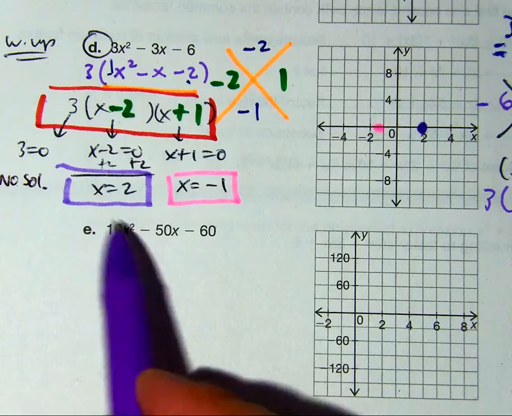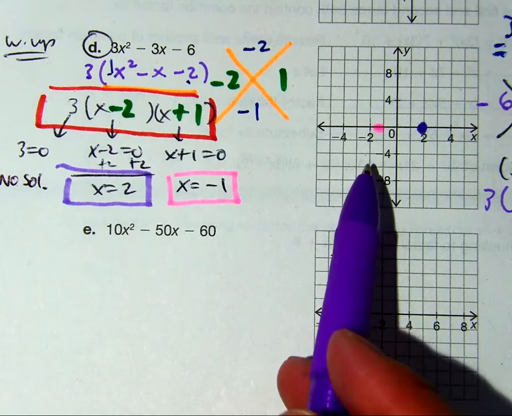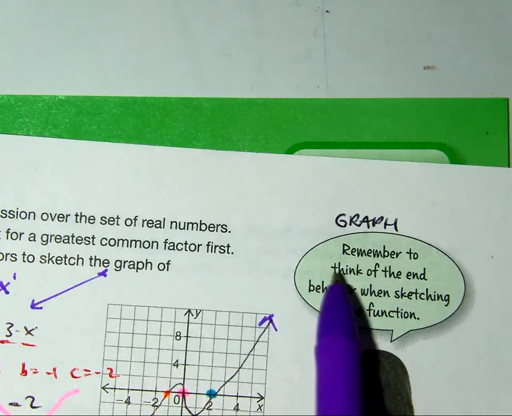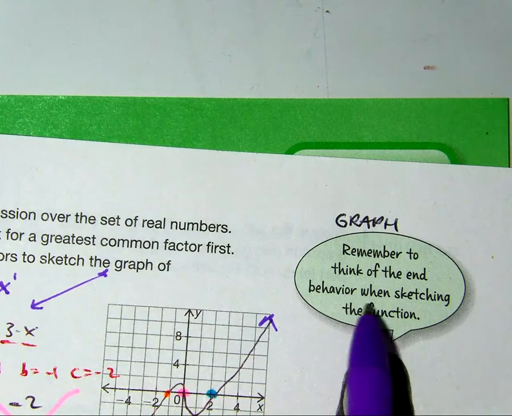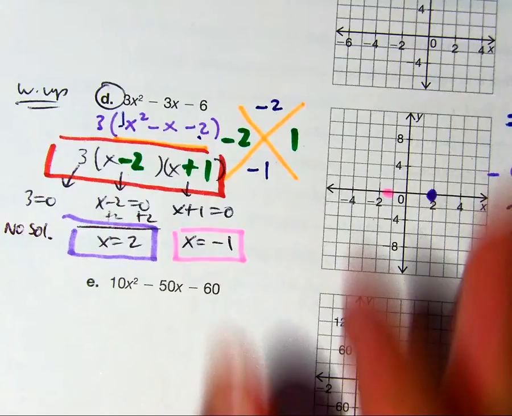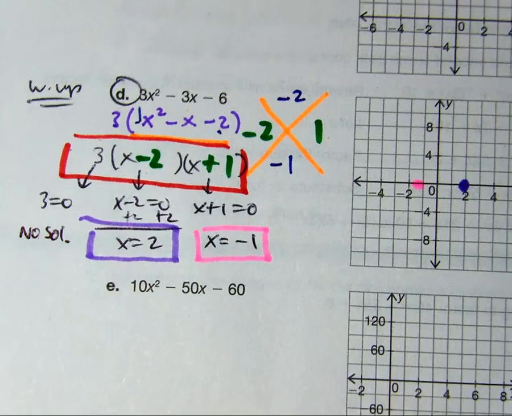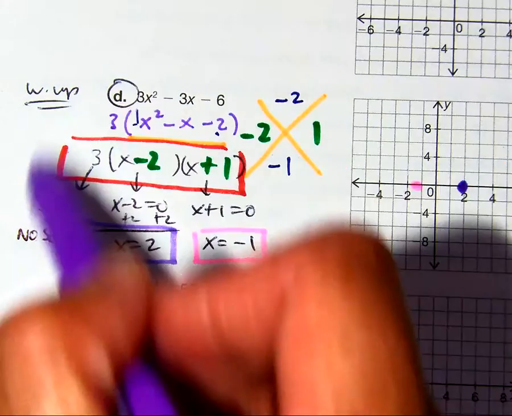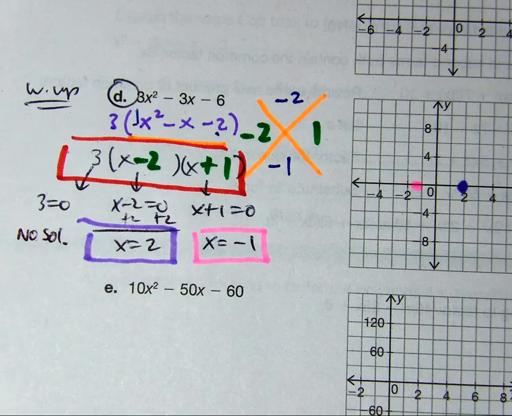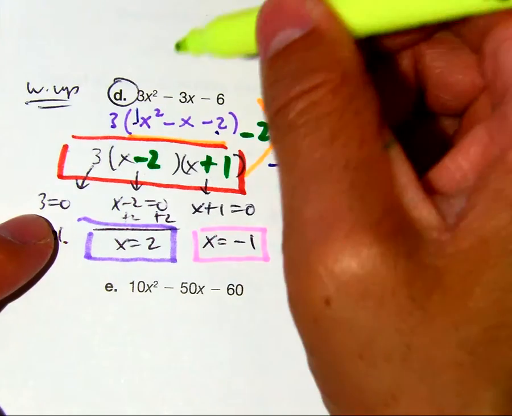Now, what does my graph look like? Remember to think of the end behavior when sketching the function. Put your finger somewhere here on a number that'll help you with the end behavior. Show your partner. You should be looking at this number.